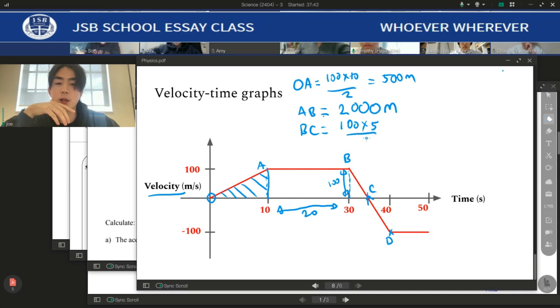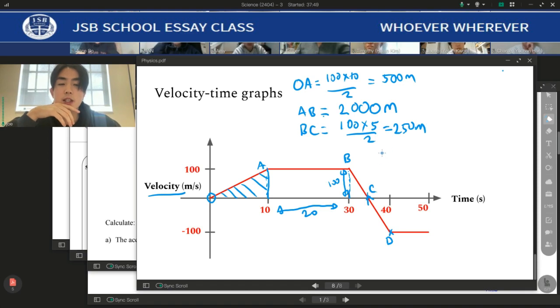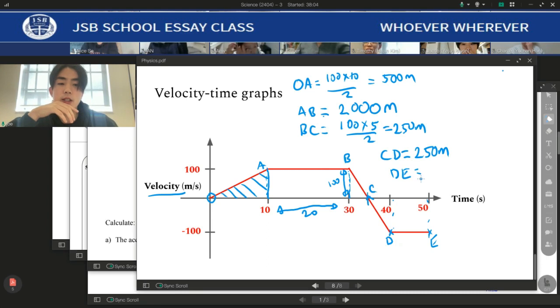So 5 divided by 2, 250. Good. Right. C to D. Ian, C to D? Also 250. And then D to E, this is simple as well. This is 10, 100, so 1,000 meters, okay? So these are the individual distances from each stage, okay?